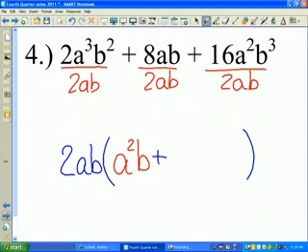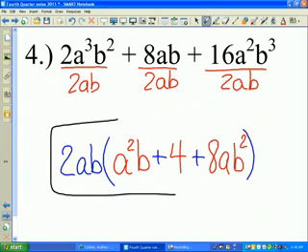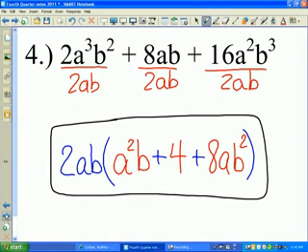Bring my plus sign down. 8ab divided by 2ab will give me positive 4. Bring down my plus sign. Remember the a's and the b's, they almost cancel out. 16a squared b cubed divided by 2ab will give me 8ab squared. And this is my factorization. Okay?